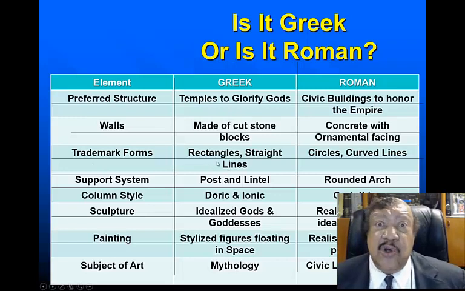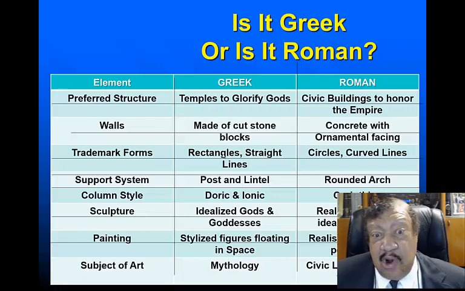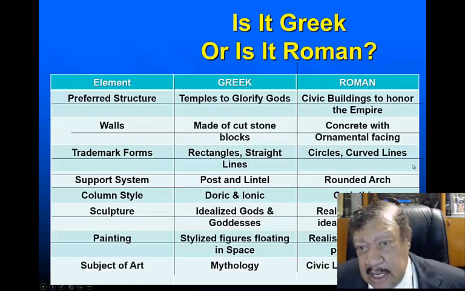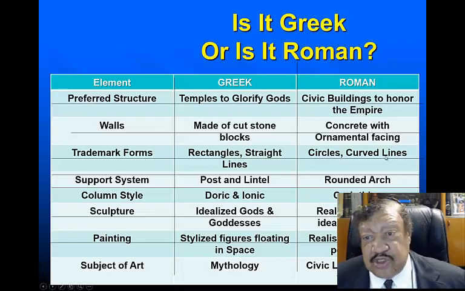The Greeks loved to use geometric forms, just as the Romans, but the Greeks used more rectangles and straight lines, whereas the Romans wanted curves, and they had all kinds of arches, and they used the circle.